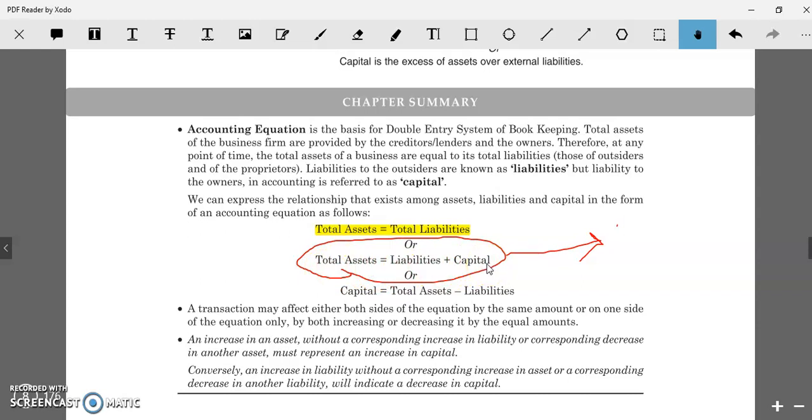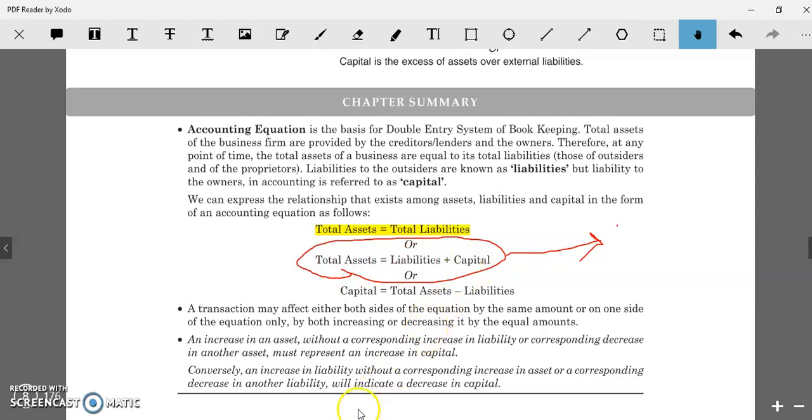According to this equation you have to understand what is working in the business, what the businessman is doing in the business. According to that you can interpret the things, but you have to put this equation first in your answer sheet, total assets equal to liability plus capital. Then you have to start your questions.